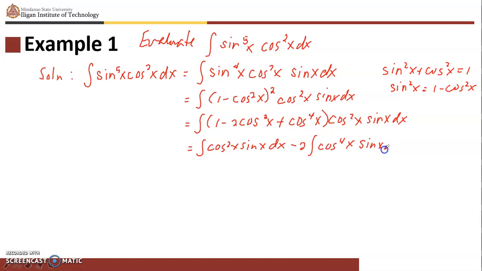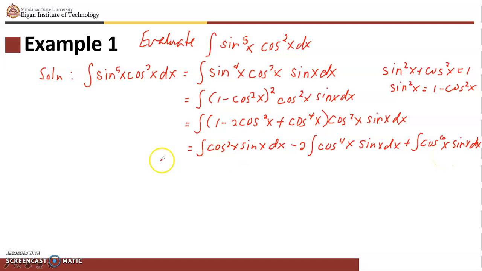Plus, we can again multiply cosine to the fourth with cosine squared x. We will have the integral of cosine to the 6th x sine x dx.